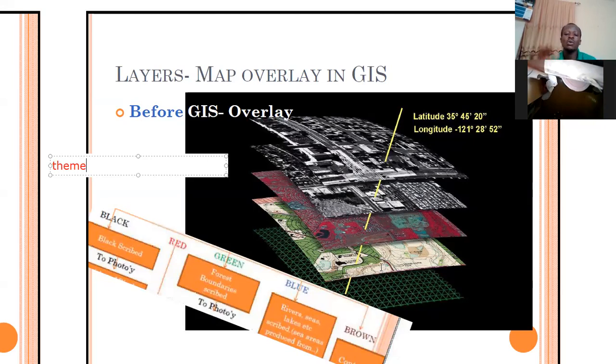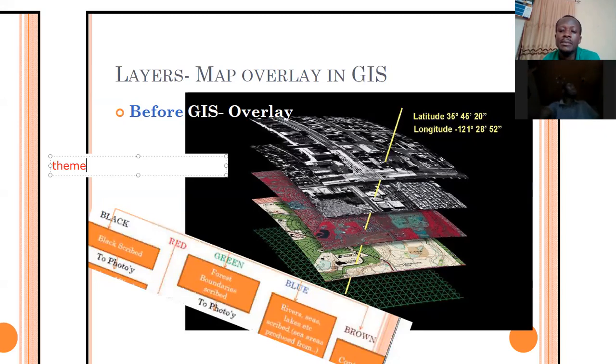So we can put all these together and stick them together, and then we have map overlay. When you do it well, you can turn off layers and turn layers back on. So the concept of having different data themes or layers is a very good one.